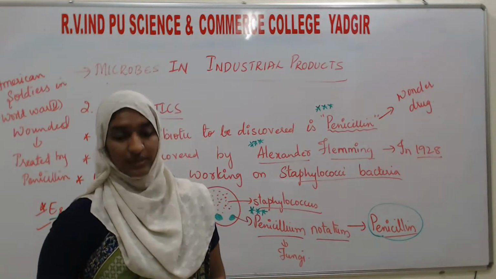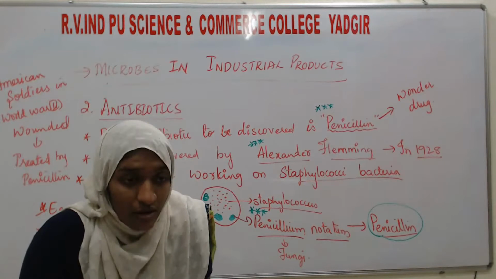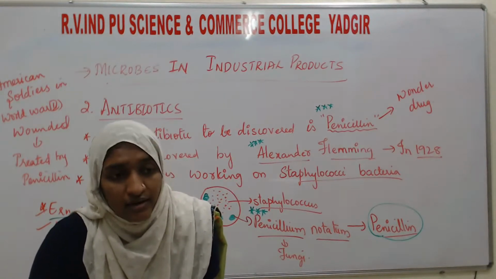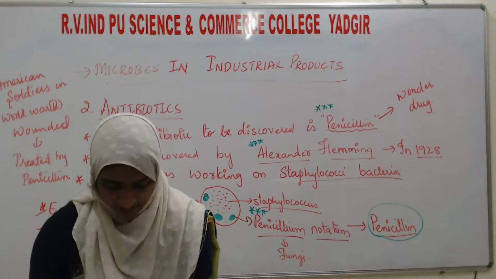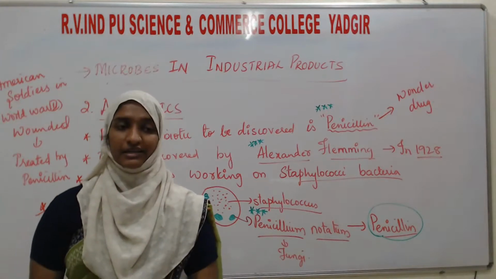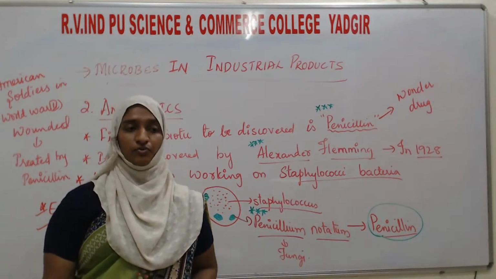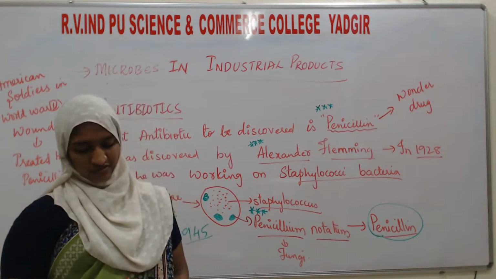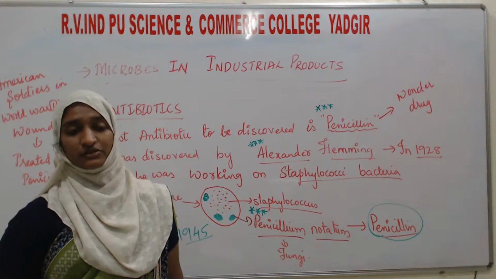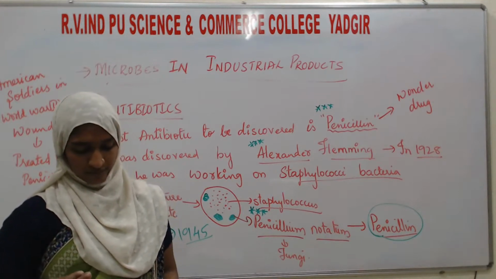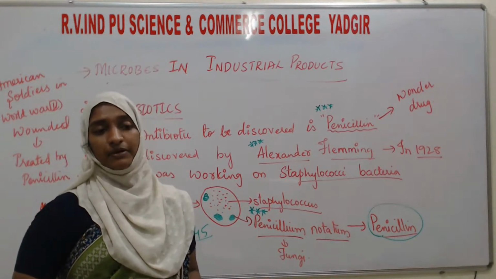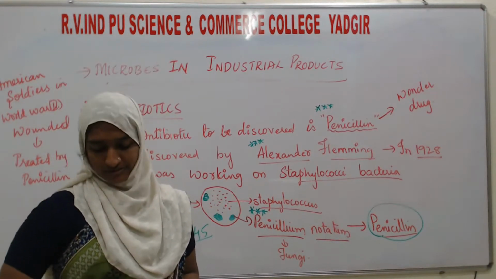Now more than 5,000 antibiotics are known, and nearly 100 antibiotics are available in the market. Most antibiotics are produced by microorganisms, that is, by bacteria and fungi. Antibiotics have also been developed for dreadful diseases such as leprosy, whooping cough, plague and diphtheria.